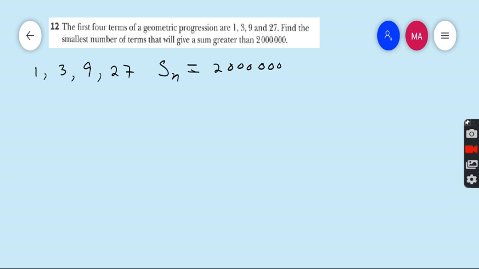So find the smallest number of terms means we have to find the value of n. That is the number of terms. So start.